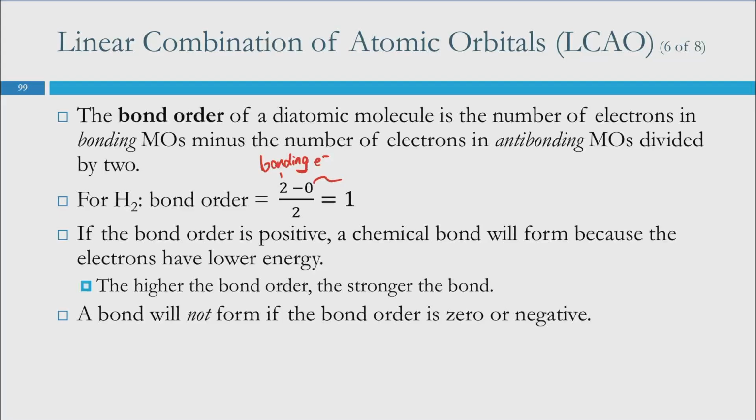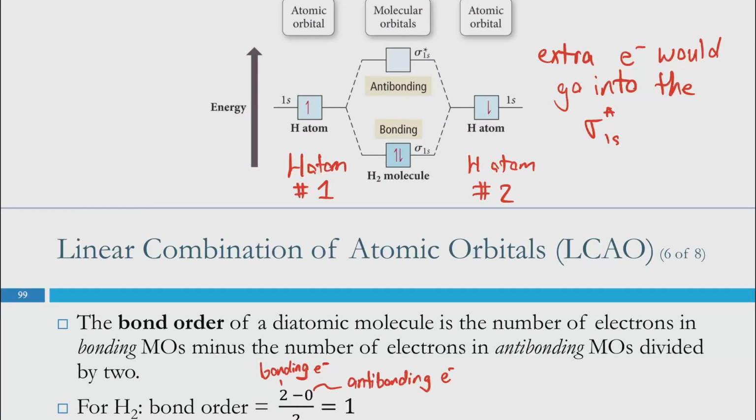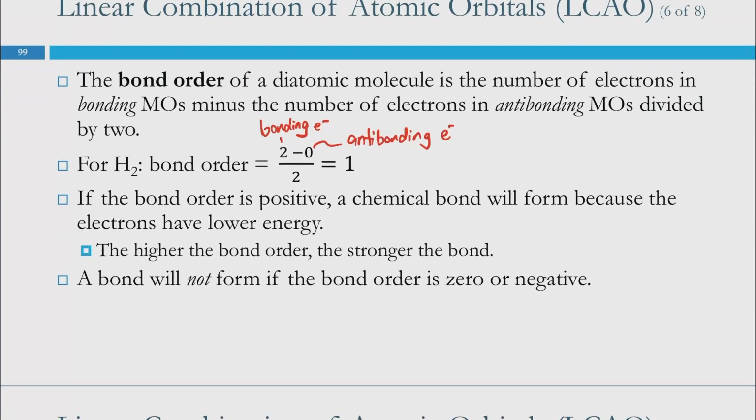Subtracted from that is our anti-bonding electrons. We didn't have any, right? Our anti-bonding box was empty up here. So we had 2 in our bonding, 0 in our anti-bonding, so we do 2 minus 0, and then we divide it by 2, because there's 2 electrons per what we would think of as a bond.